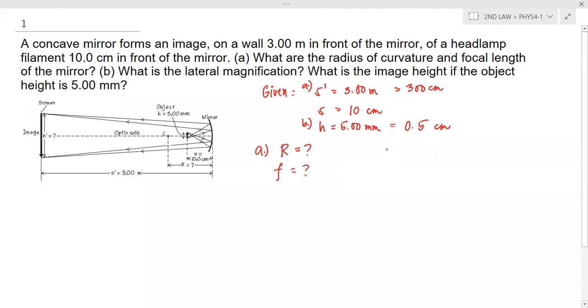Now to answer letter A, we are looking for the radius of curvature and our focal length. We are going to use our formula, 1 over S plus 1 over S prime is equal to 2 over R, in order to calculate the radius of curvature.